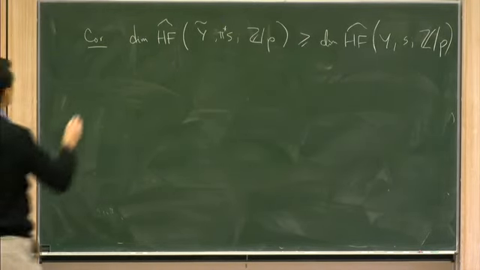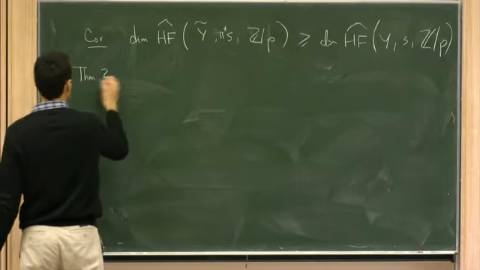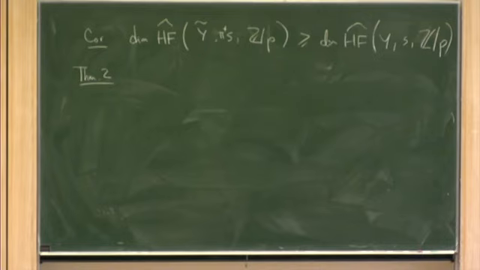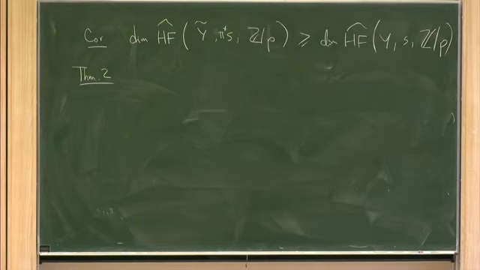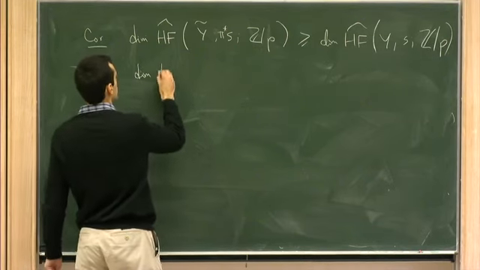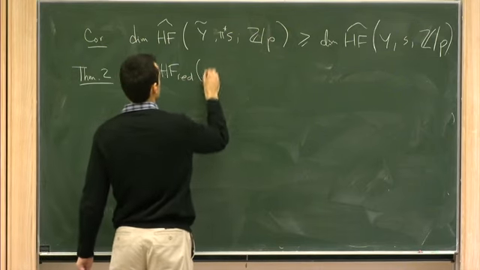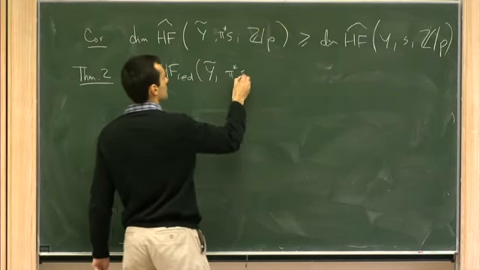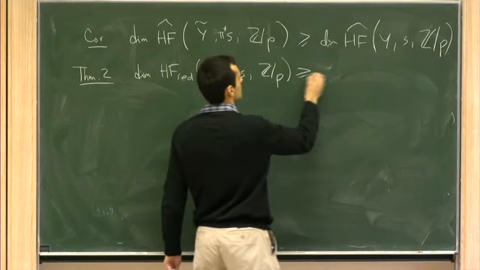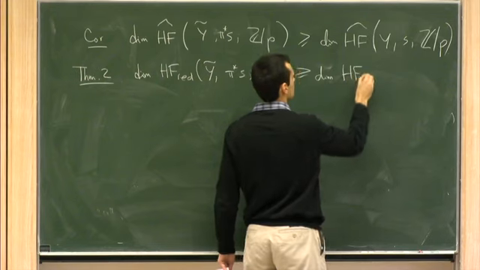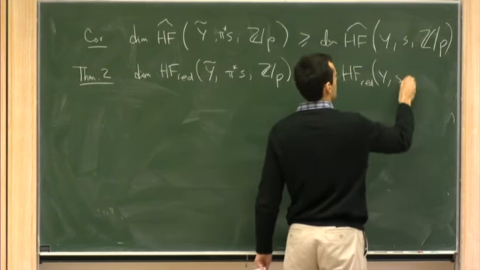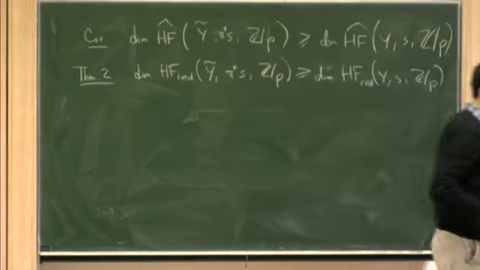Great, and we actually have a second theorem. I mean, we also proved it using the SWF, but I don't know what to call the reduced homology. So anyway, once you translate back into Heegaard Floer, it becomes something about HF red. So there's a similar statement: HF red of the cover is greater or equal than the one of the base.